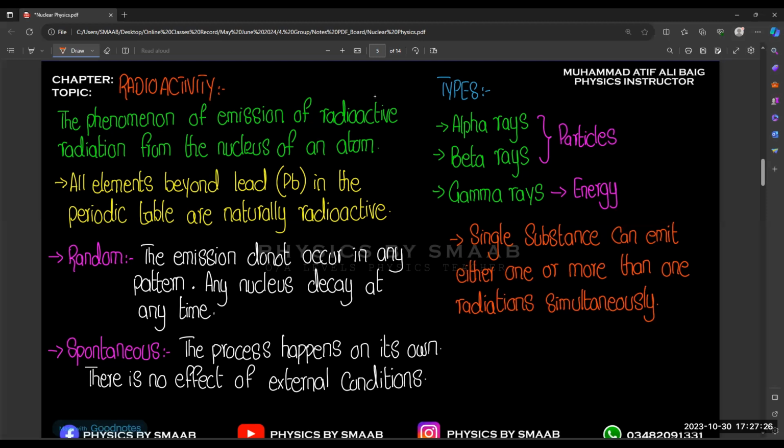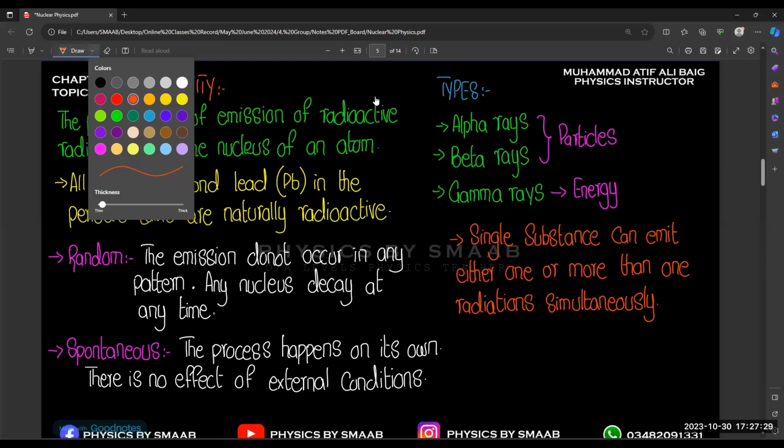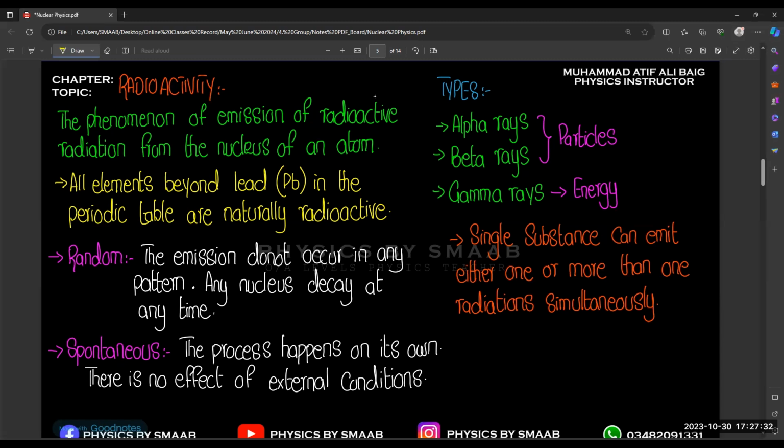And for example, if we consider a few elements, just for the example, you don't need to memorize the names of them and the radiation that is coming out from those particles. If we consider the example of radon, radon is a radioactive element and it only emits alpha. Thorium is another element that emits alpha and gamma.